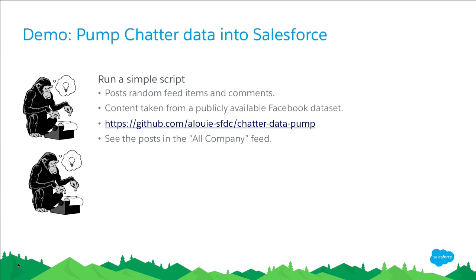For the first part of the demo, I wrote a simple script that posts random Chatter data. It does what the monkeys do in the picture. I found a publicly available Facebook data set. It's all of the posts and comments from a small town's Facebook group.